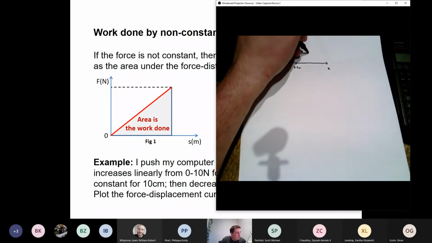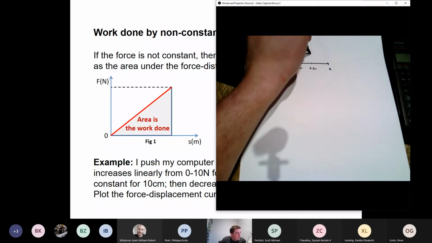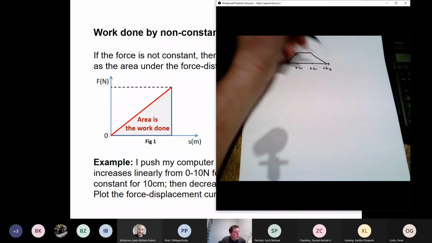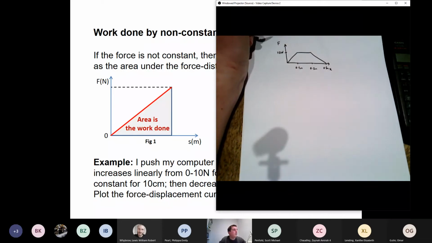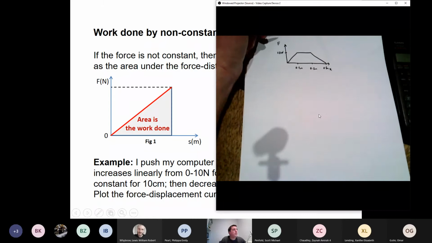It remains constant for another 10 centimeters, I think, and then it decreases again to 0, again linearly, so in a straight line like that. Increases linearly from 0 to 10 newtons for the first 10 centimeters, stays constant for 10 centimeters, decreases linearly to 0 over 10 centimeters. So that's what I've drawn here.